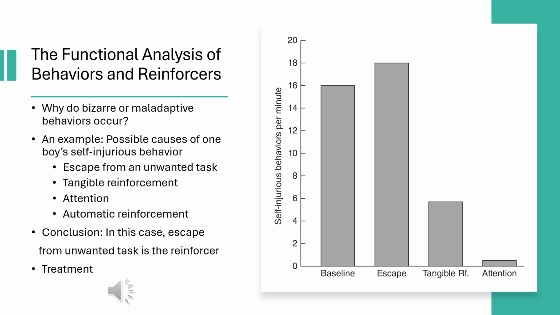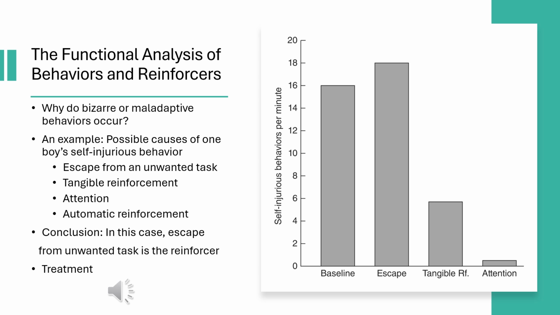The behavior may be a way for the individual to communicate a need or to respond to certain environmental factors. Behaviors persist because they're reinforced, whether positively or negatively. The reinforcement might be something tangible, social, or even sensory, like automatic, but understanding the reinforcer helps to shape or alter the behavior. So let's go through this example of the boy's self-injurious behavior.